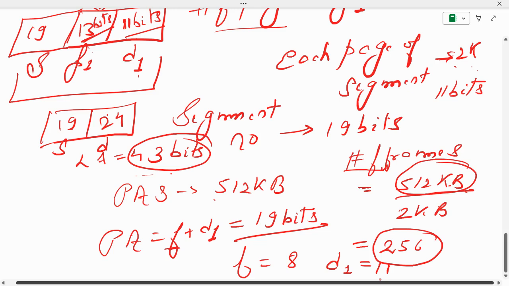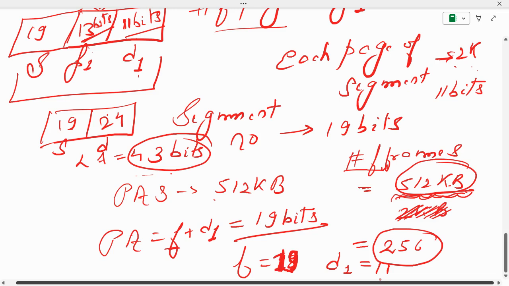If PAS is 512 kilobyte, the number of frames, we are not dividing it by 2 KB. The number of frame bits will be 19 bits. Why? So this has to be clearer.